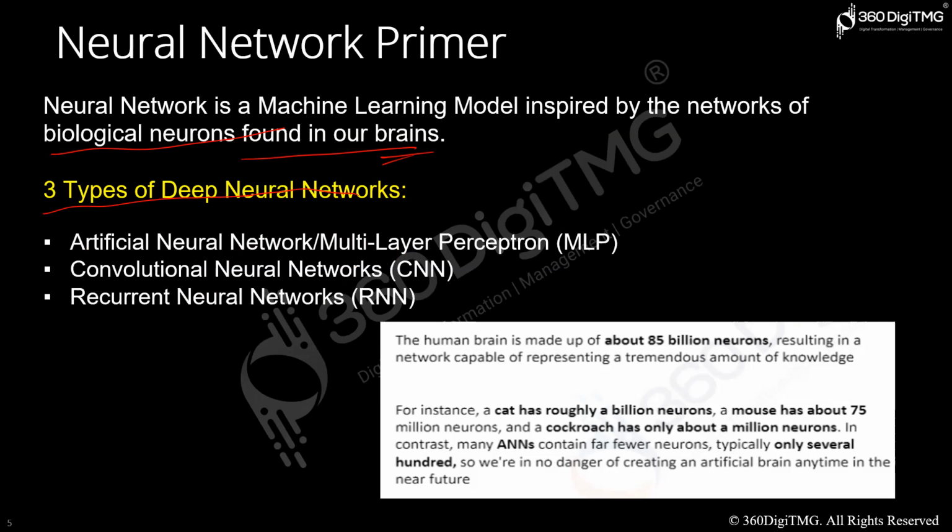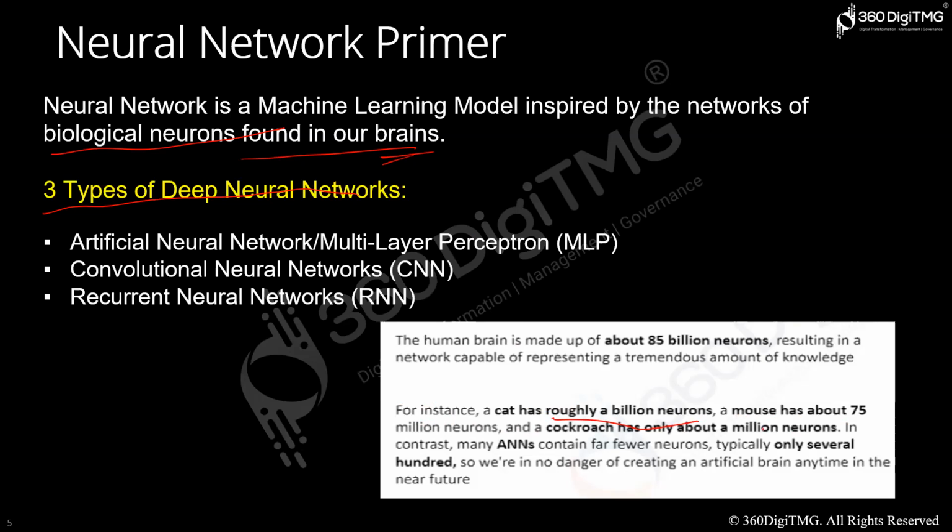The human brain is made up of 85 billion neurons, resulting in a network capable of representing a tremendous amount of knowledge. But for others, a cat has roughly a billion neurons, a mouse 75 million neurons, and a cockroach has only about 1 million neurons.